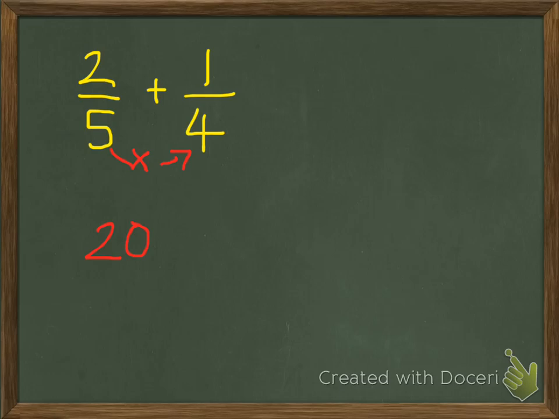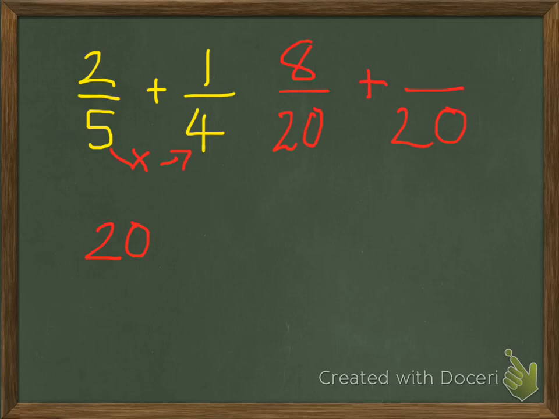So we're going to have 20th plus a 20th, and I'm getting the plus sign from here. And then what do I have to do to that 5 to make 20? Well, it's times 4. 4 5s are 20, so I need to times the top here by 4 as well. And that's going to give me 2 times 4, which is 8.